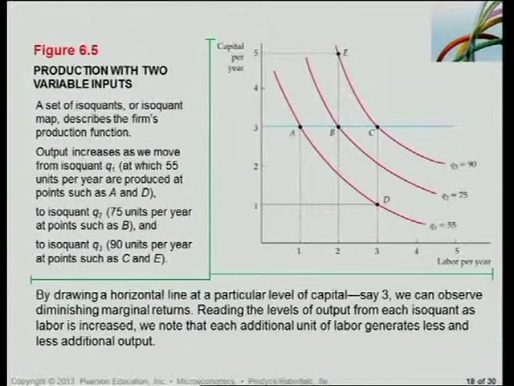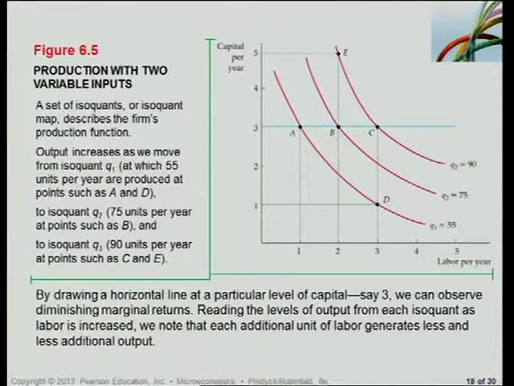If you're using isoquant Q2, the total output will be 75 units per year. There are more points, like point B. If you use 3 units of capital and 2 units of labor, it doesn't matter, it will give you 75 units of output per year.